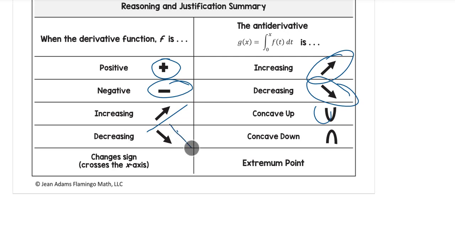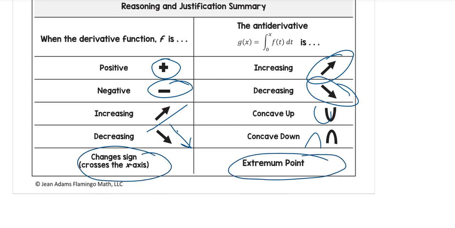And if the derivative is decreasing, we will be concave down. And where we change the sign, that is where our extrema is going to be located. So that's going to summarize and put together what we've done before and connect it to what we're now calling the antiderivative. I will take any questions in class tomorrow.